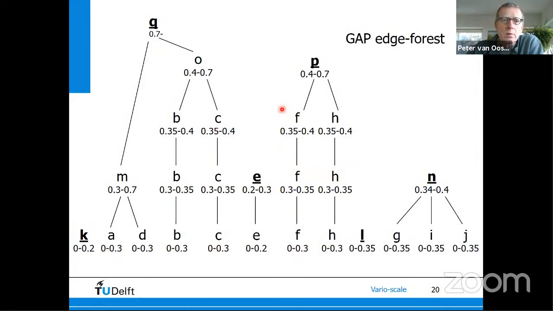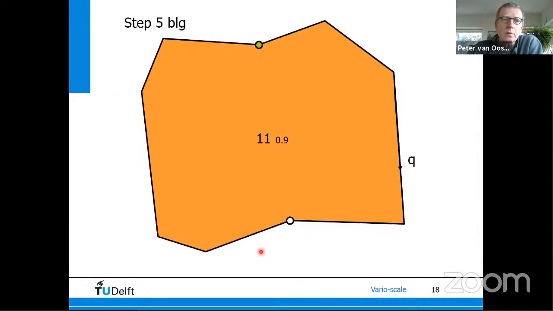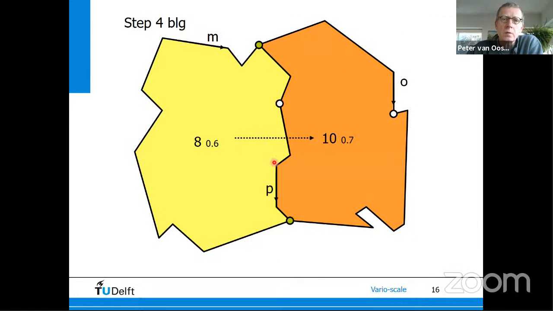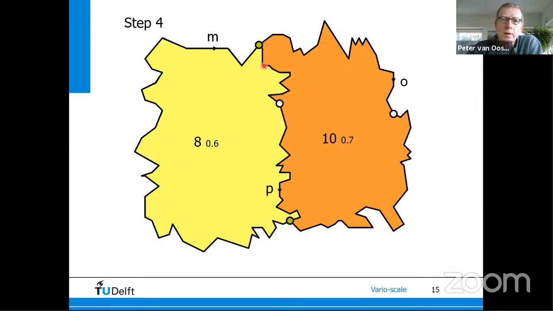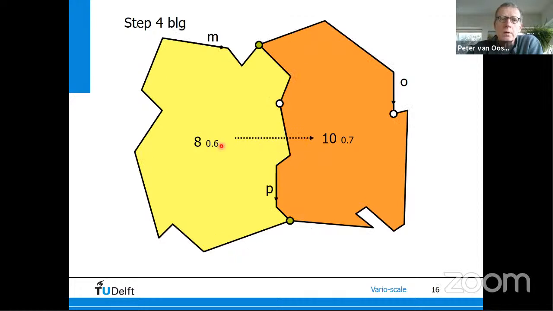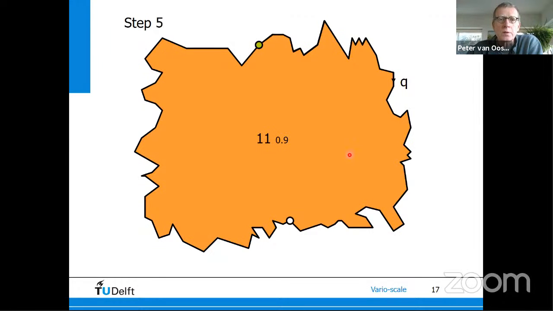You can also look at what is happening with the edges. In many cases, an edge is just being removed, then it's end of life. Let me go back to some examples. So this edge over here, edge number P, is being removed when object 8 and object 10 are being merged, and it does not exist anymore.